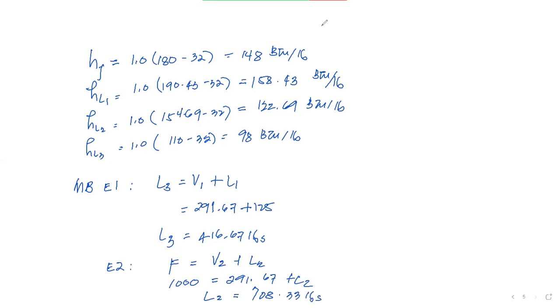Okay. Then for effect 3, you'll have liquor from the second effect, vapor from effect 3, and liquor from effect 3. So the liquor from the second effect computed from our second material balance, V3, which is 291.67, will give you L3.